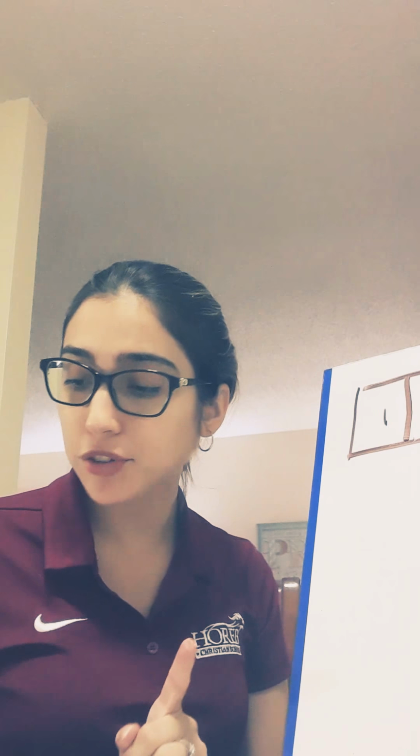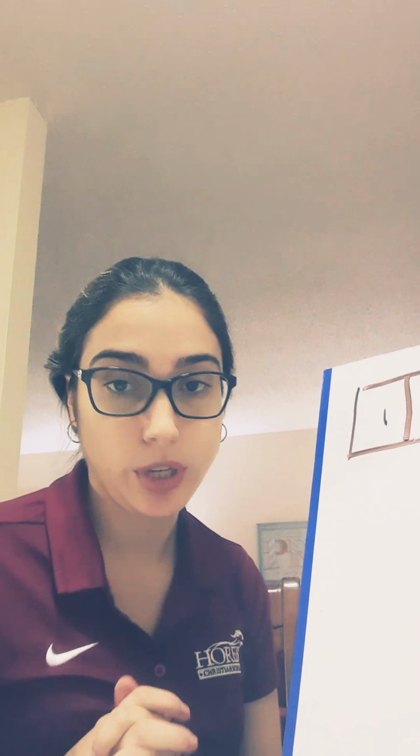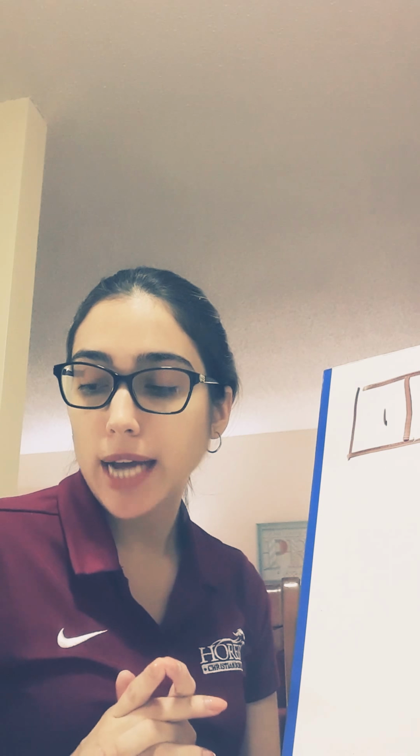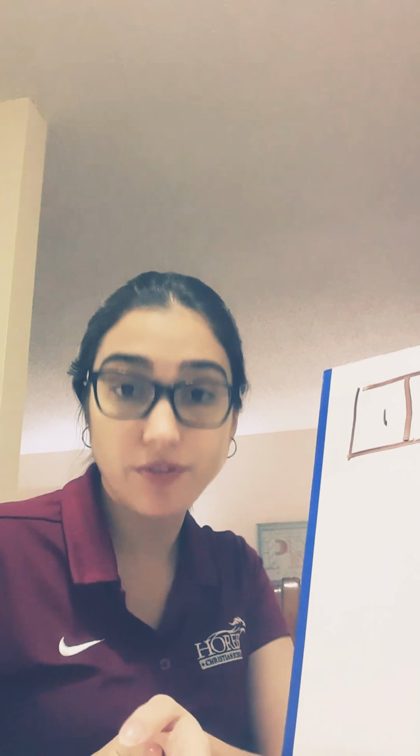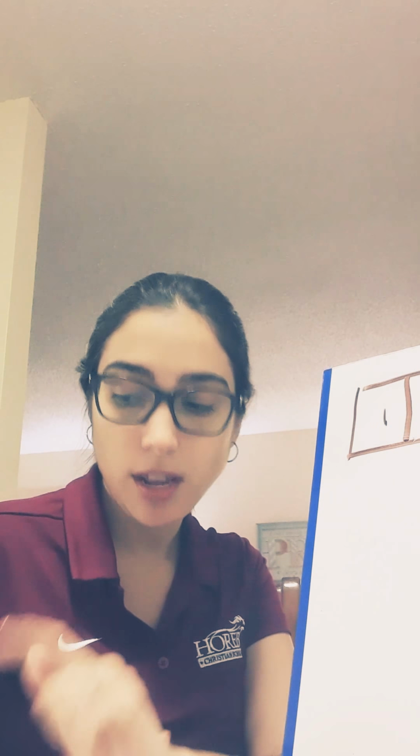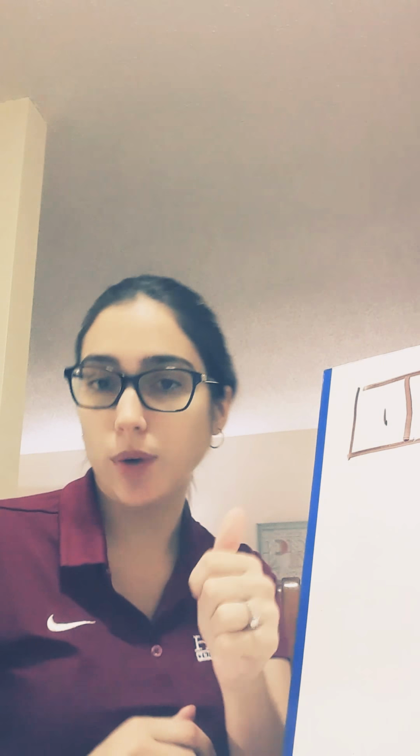So now look what you guys are going to do. Now you guys are going to do number 8 on your own. Give yourself about a minute to do it. Pause the video. Complete number 8. When you're ready for us to go over it, go ahead and press play.